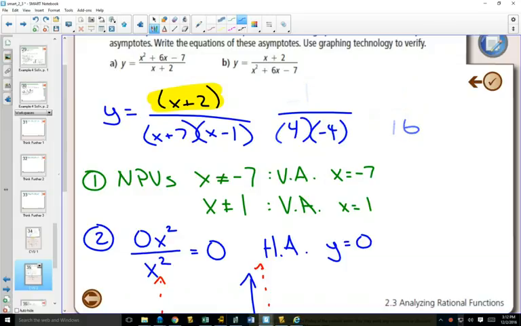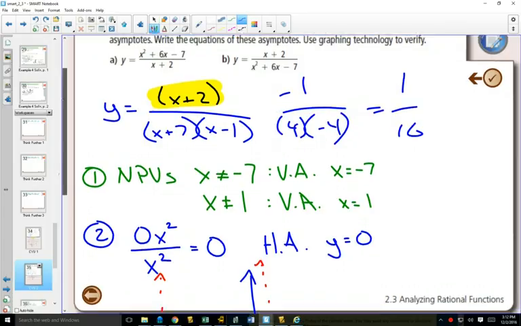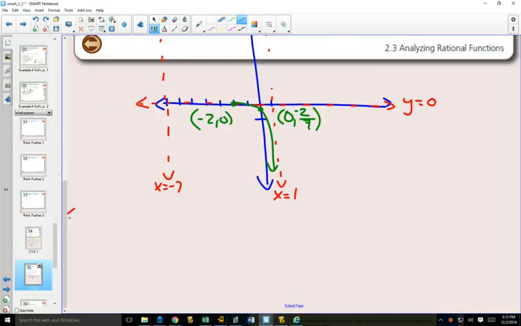Okay. So we get 1 over 16. We can graph that point. So we have, at -3, 1 over 16. And since that's a positive number, it has to go up. It can't go down, because if it goes down after that, it would introduce another x-intercept. And we only have the one x-intercept.